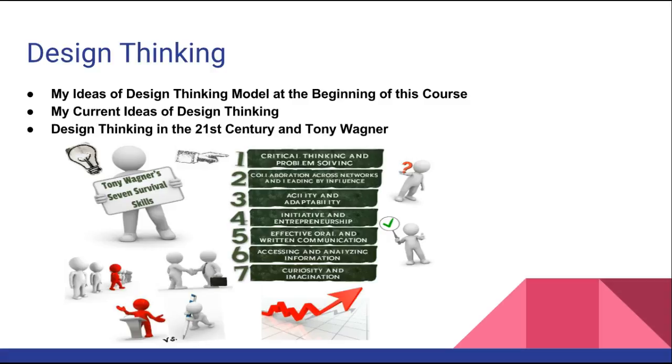Effective oral and written communication is definitely imperative in the design thinking process, as you need to be an effective communicator, not just orally, but also in the written language. And I would add in to be an effective communicator in the digital world, because we are moving on towards a more digital world and a more global society.